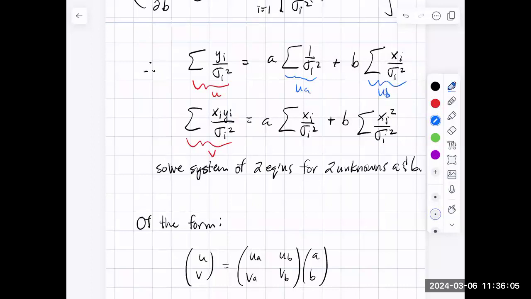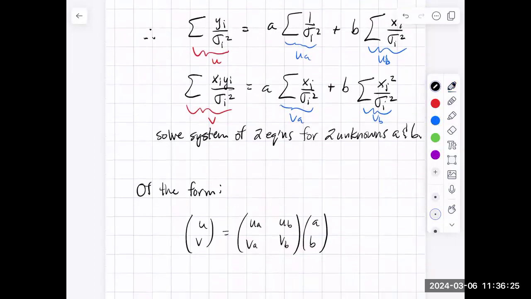UA is the factor that comes from the A derivative and has the A coefficient. UB comes from the A derivative and has the B coefficient. And so likewise, we'll say this is going to be VA and this will be VB.